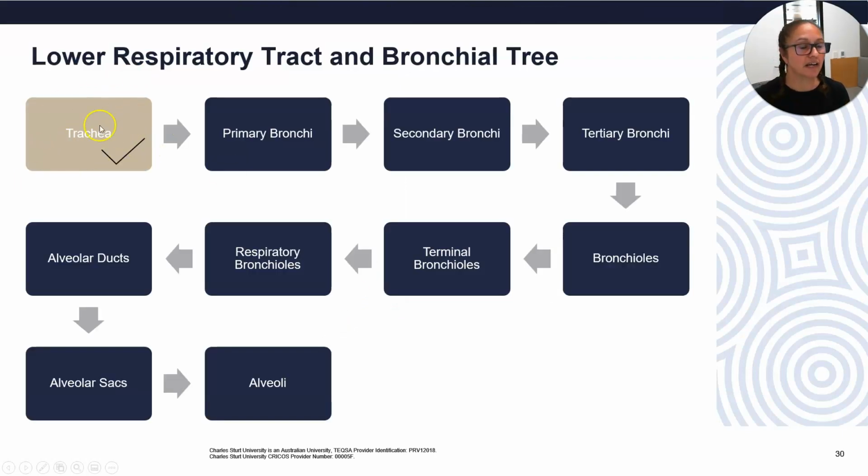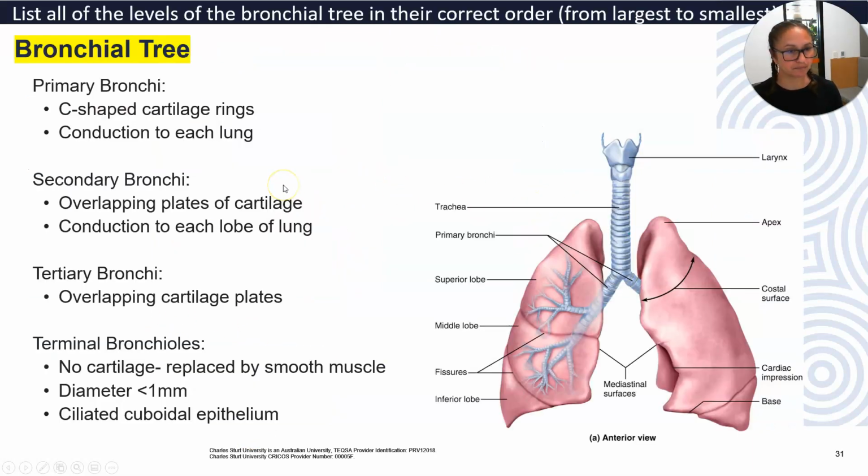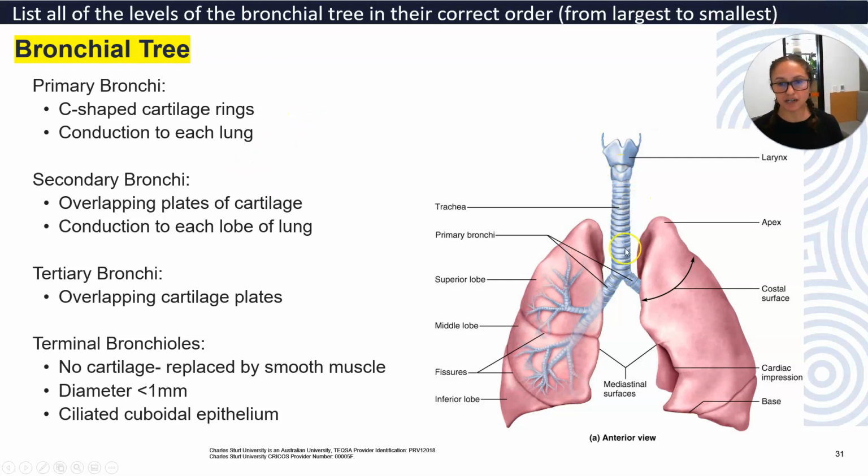Okay, so we had a look at the trachea, and now we're going to have a look at the bronchial tree. All of the blue squares are going to be the bronchial tree. Here we go. Here's your trachea. And it divides up like an inverse tree, a tree upside down.